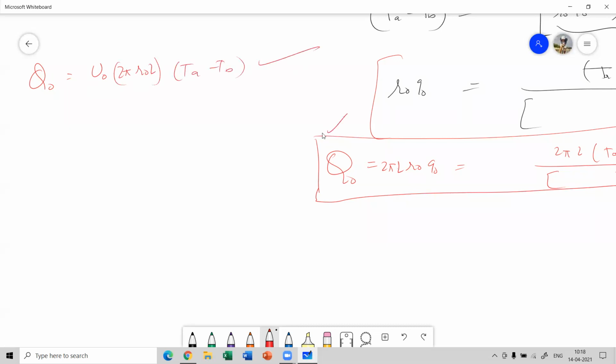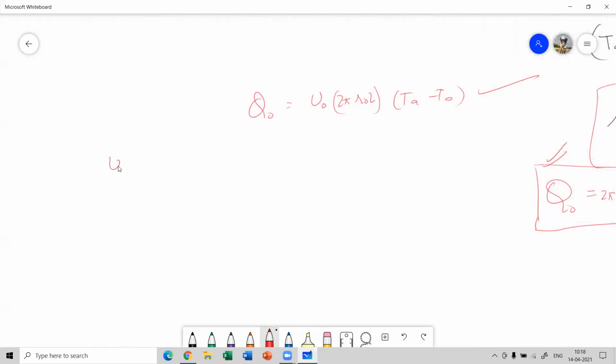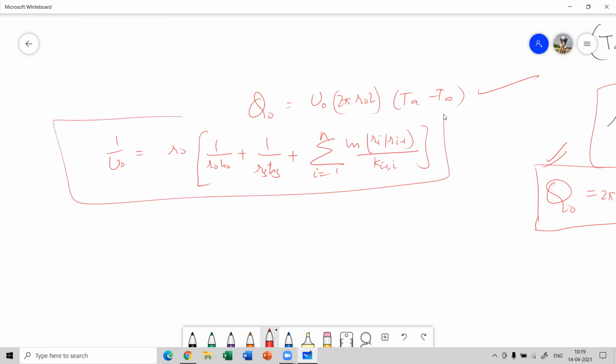If you compare this equation with this equation, you have your overall heat transfer coefficient as 1 by U0 equal to r0 times 1 by r0 h0 plus 1 by r3 h3 plus the summation i equal 1 to n of ln(ri/ri-1) over ki. So this is how the overall heat transfer coefficient for a cylindrical system can be represented.